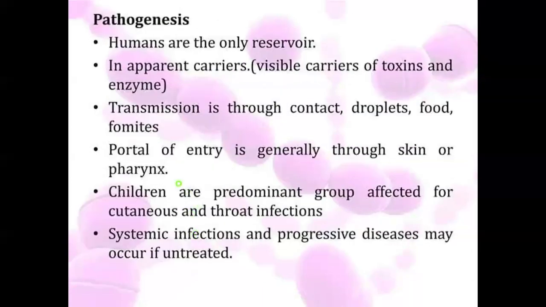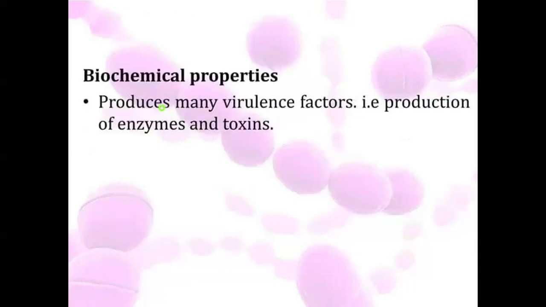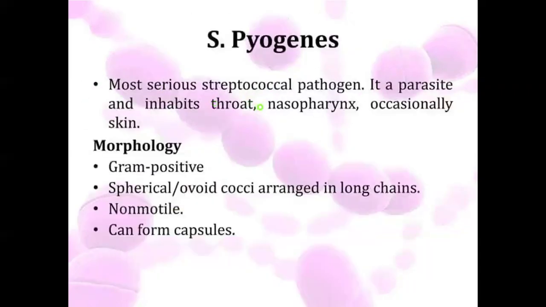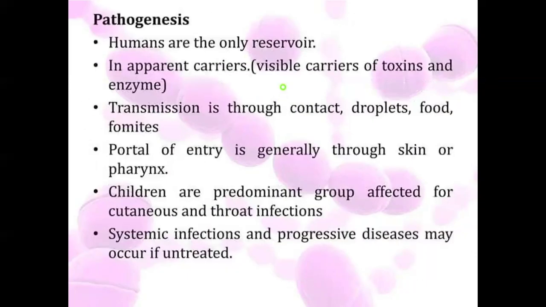Then pathogenesis: humans are the only reservoir and apparent carriers, visible carriers of toxins and enzymes. Transmission is through contact, droplets, food, and fomites. As you can see, the throat, nasopharynx, and the skin. If it's found in the throat, when you cough or sneeze, you can get it.